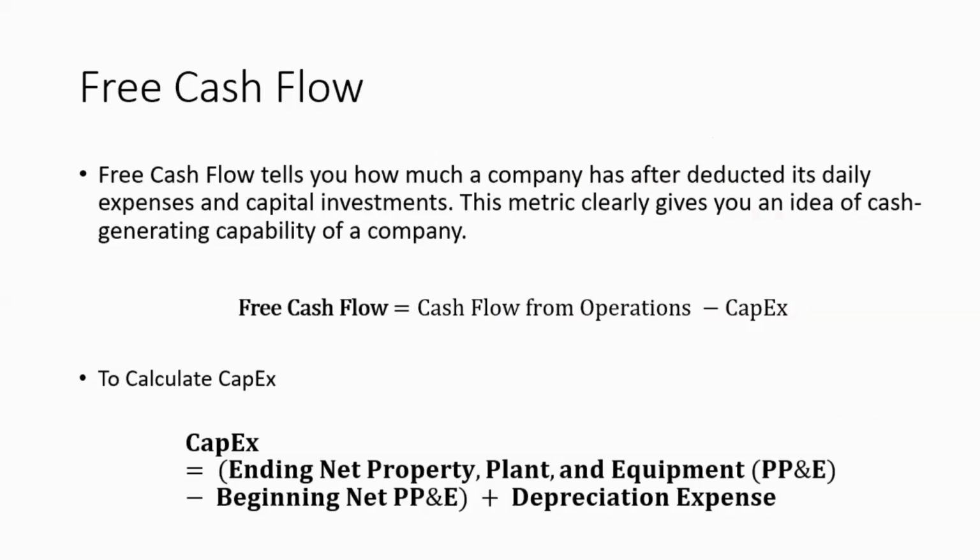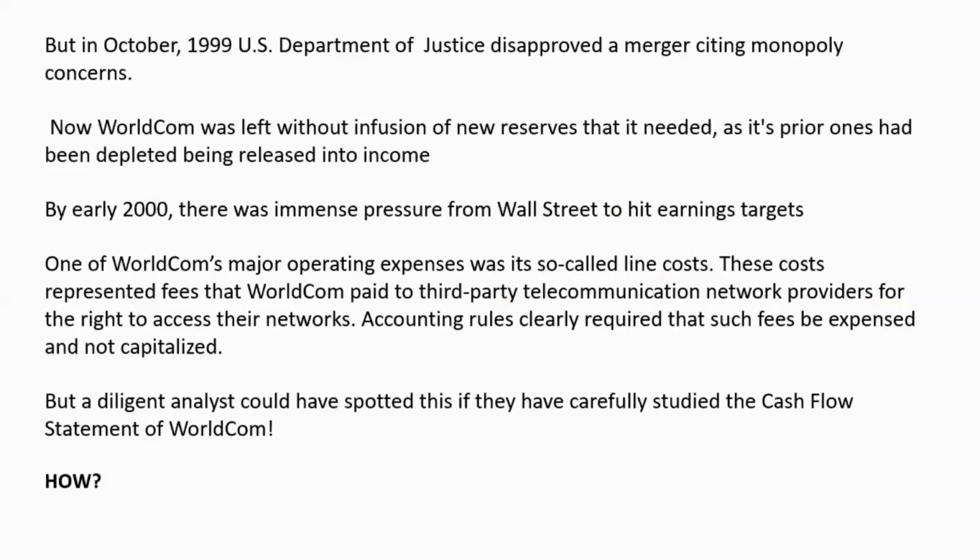It comes under capital expenditure because they capitalized the line costs in there. If we studied the cash flow statement and calculated the free cash flow from that, we could have understood that something was wrong.